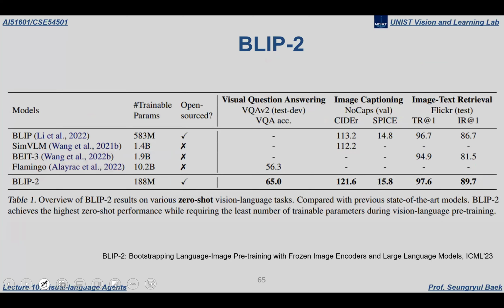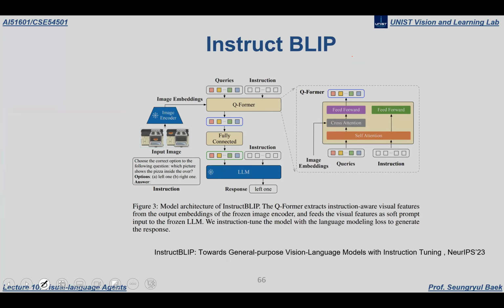BLIP version 2 surpasses BLIP and Flamingo, the previous VLMs, in multiple tasks: VQA, image captioning, and image-text retrieval. And InstructBLIP is an advanced version of BLIP, and its architecture is also very simple.